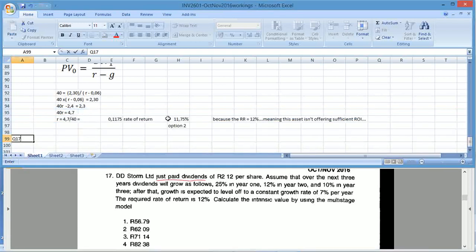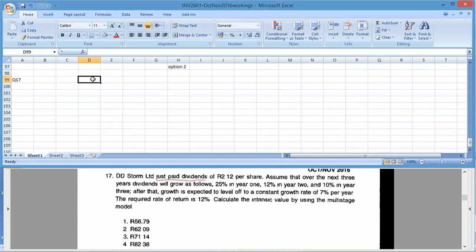When you see all of that, draw a timeline. So T0, T1, T2, T3, T4, T5, T6, T7, T8, and so on. The question said they just paid a dividend, so div 0 is 2.12. Then they said assume over the next 3 years dividends will grow as follows.